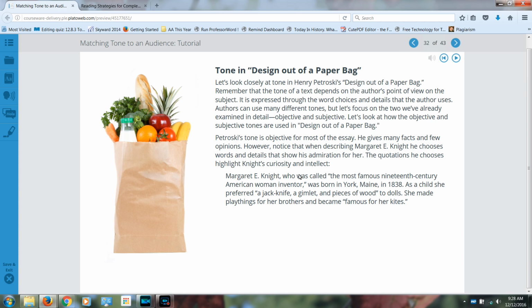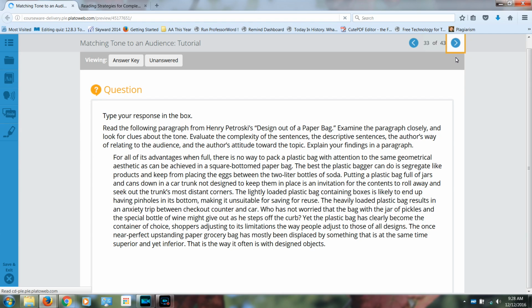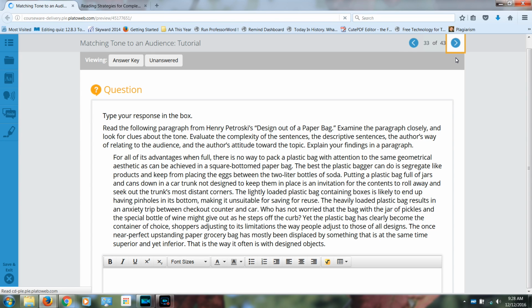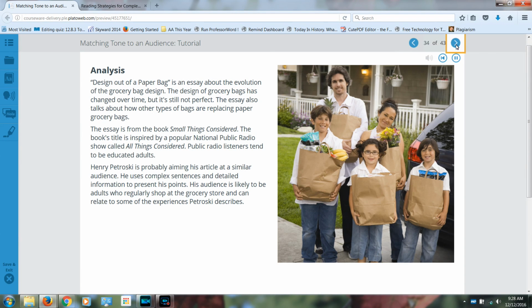He's talking about it from a specific perspective. Then towards the end of the selection, in the analysis, you get a recap of what's going on.